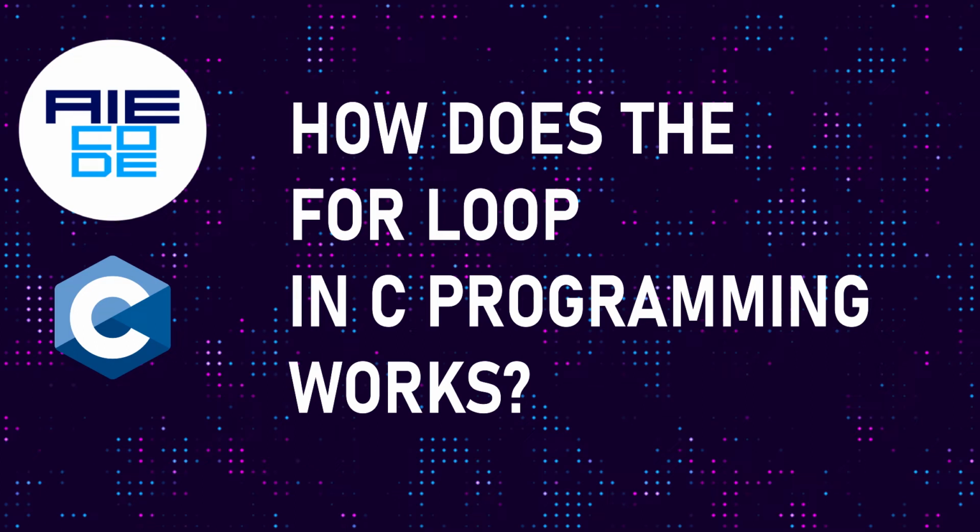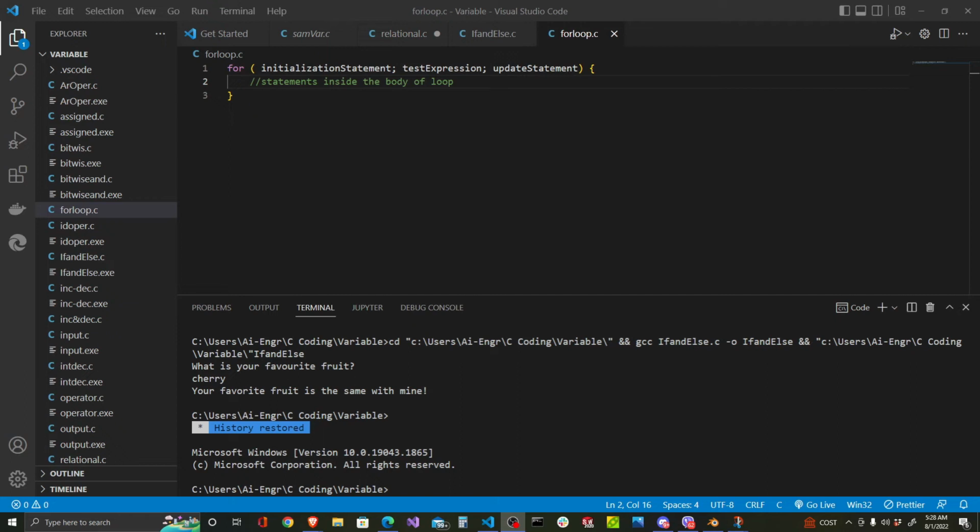Hello guys. So in this tutorial we're going to discuss the for loop in C programming. In C programming, a loop is used to repeat a block of code until the specified condition is reached.